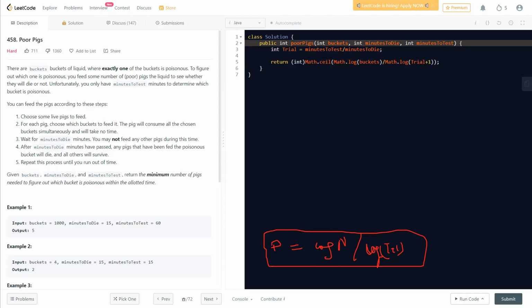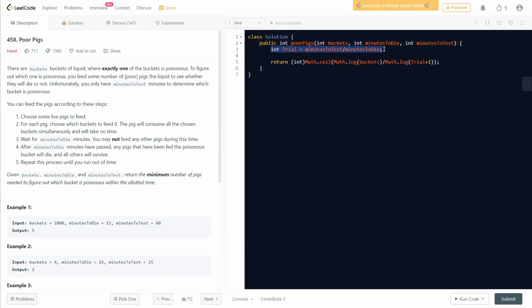In a second way, if I just tell you what the second way can be, you need to find this number of trials, and then you need to do a count. You need to keep on multiplying, like the total you can reach from the number of buckets or the number of trials you are going on.